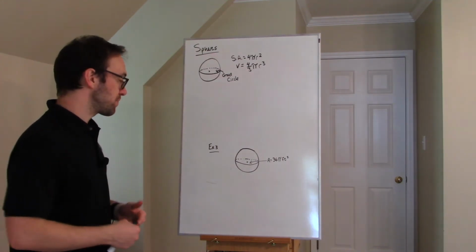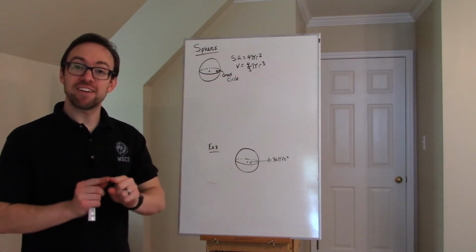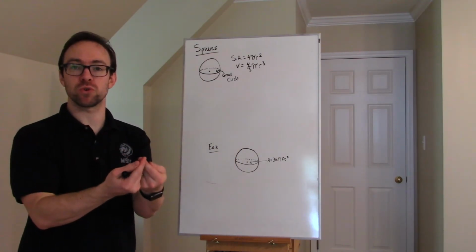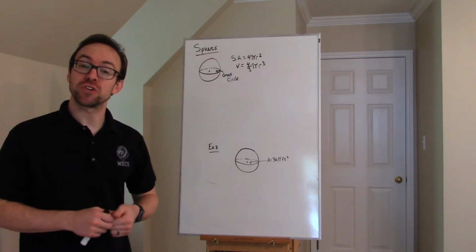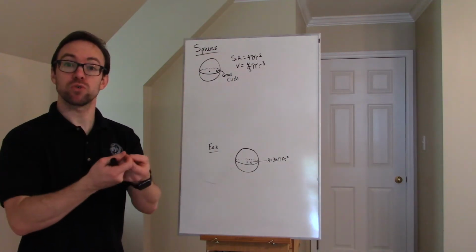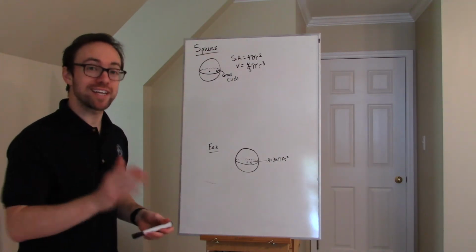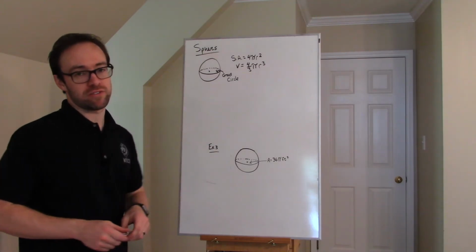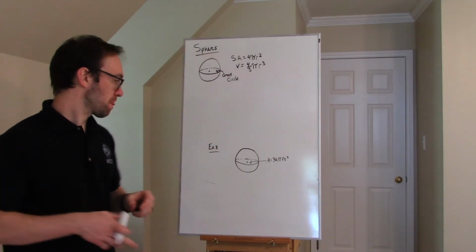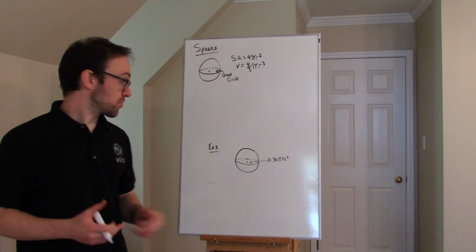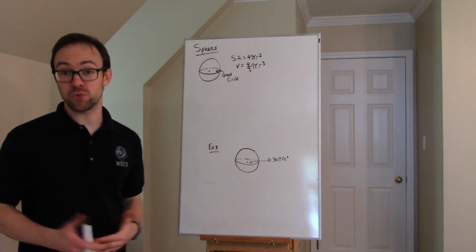For example 3, we have a sphere and they gave us the area of the great circle. Like mentioned earlier in this video, the area of the great circle will allow us to know what the radius is to use in our formulas. The area of the great circle is 36 pi feet squared.